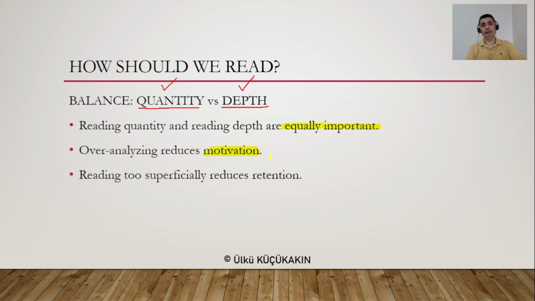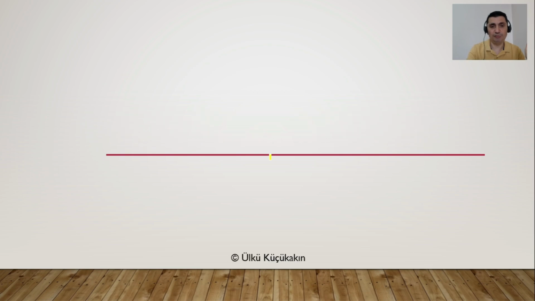On the other hand, reading too superficially, reading in no detail, it reduces remembering. Okay, you cannot remember well if you read too superficially. All right, so you need to find a balance between these two when you are doing reading. Not overanalyzing, not skipping too fast.